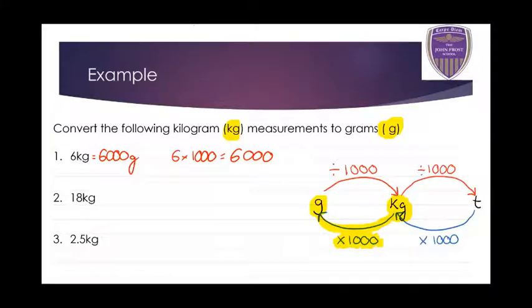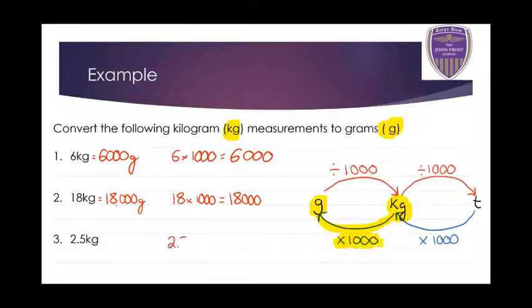Okay, the next one. If we've got 18 kilograms, I'm going to turn it to grams. Again, 18 times 1,000. That equals 18,000. So 18 kilograms is equal to 18,000 grams. And the last but not least, 2.5 kilograms into grams.